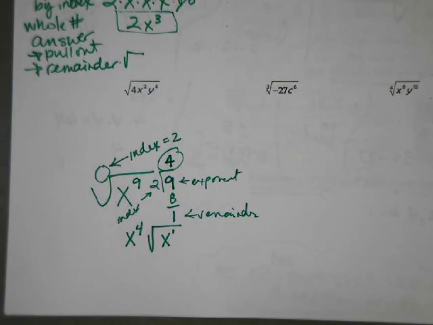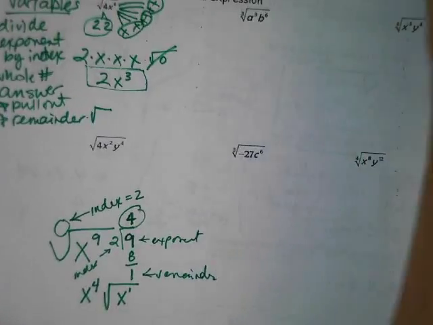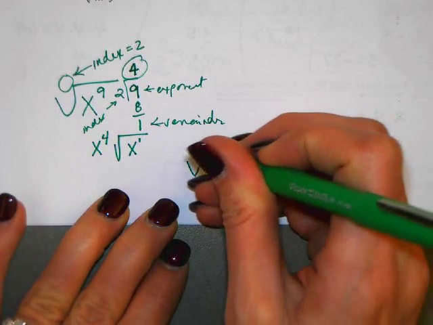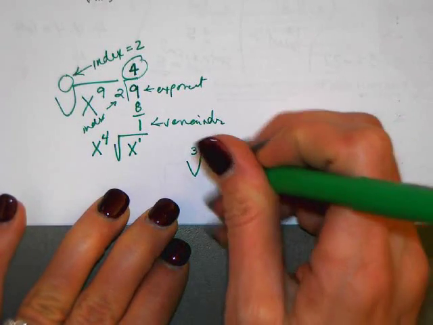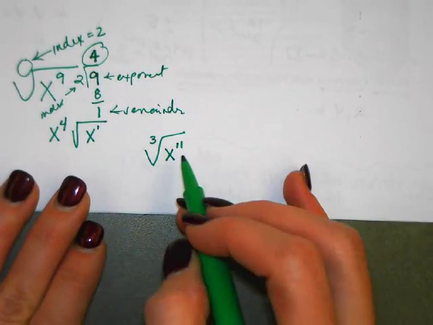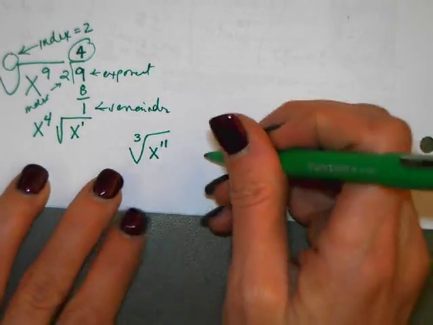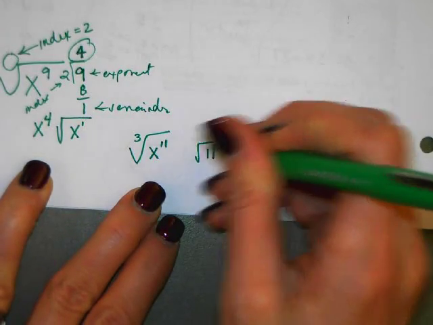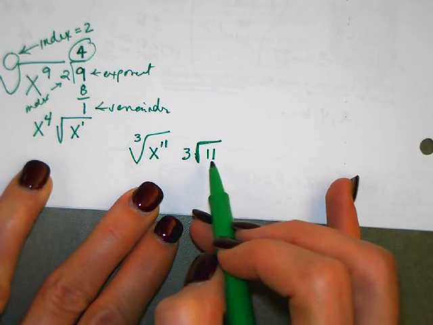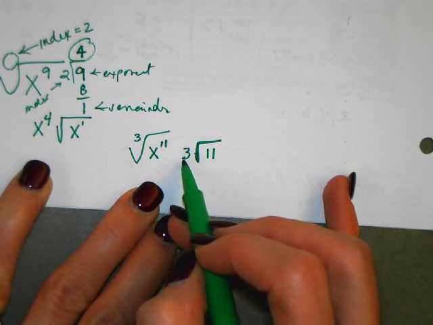Okay? So let's try something else. Now let's do the cube root of x to the 11th. Okay, so the cube root, x to the 11th, is going to be 11 divided by 3. That's my exponent divided by my index.